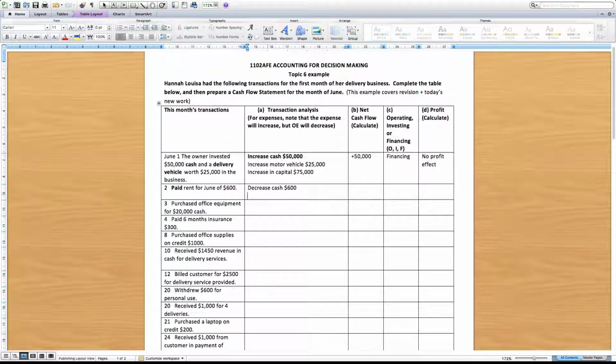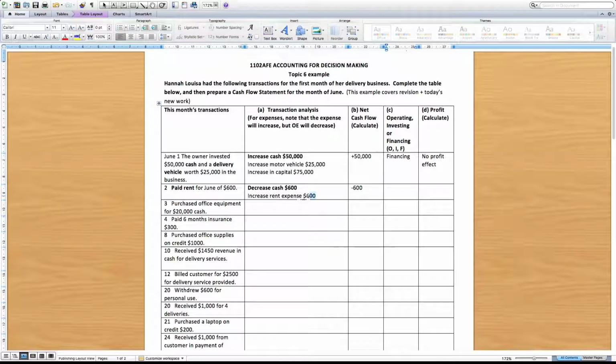So we know we've got two effects. So what's our number two? Well, we're paying the rent. Okay, so paid rent, and rent is an expense we are incurring. So when we incur an expense, that means that expense is going to increase. And that's it. So that's our two effects. So our net cash flow, we're after the cash component, a decrease in cash, which means a negative 600.